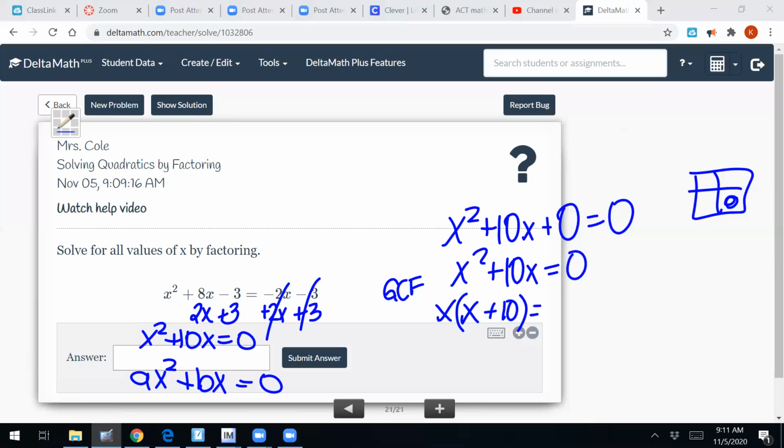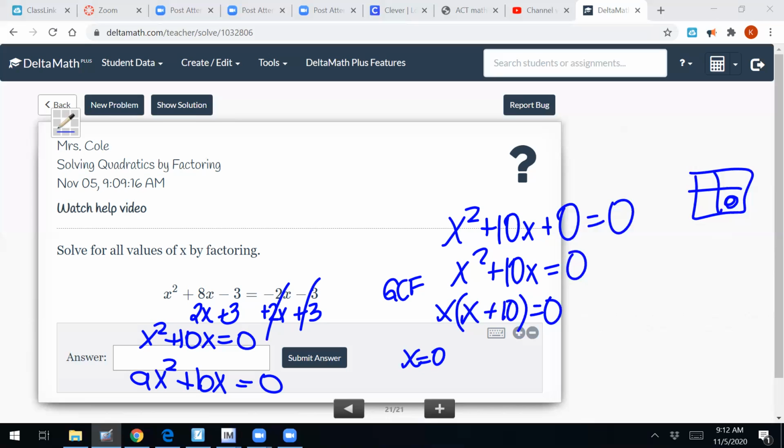It still equals 0. So you undistributed. You took it out. So now we're left with this equals 0. So this one is just simply going to equal 0. X equals 0. That's a solution. This x doesn't have anything else with it, but it doesn't mean it's nothing. We still have to set it equal to 0.